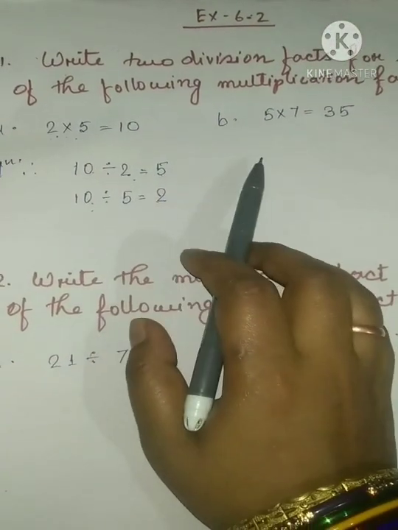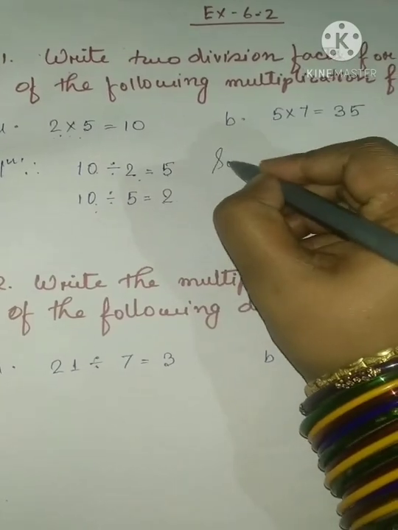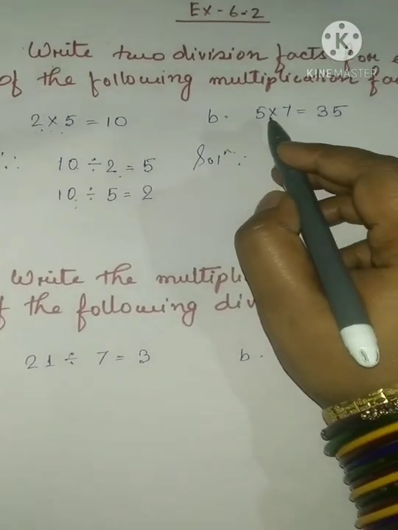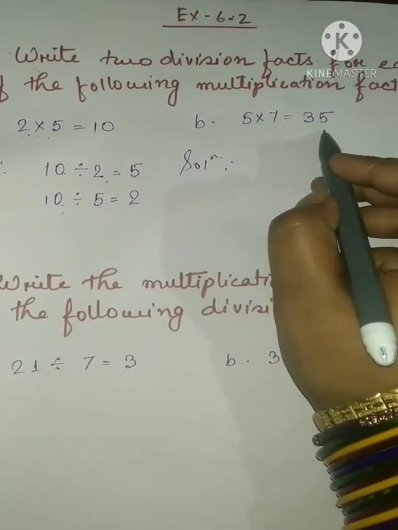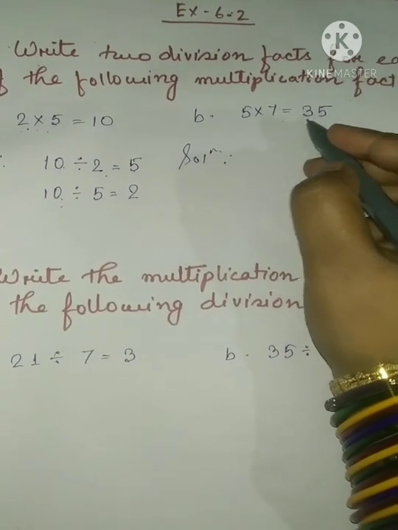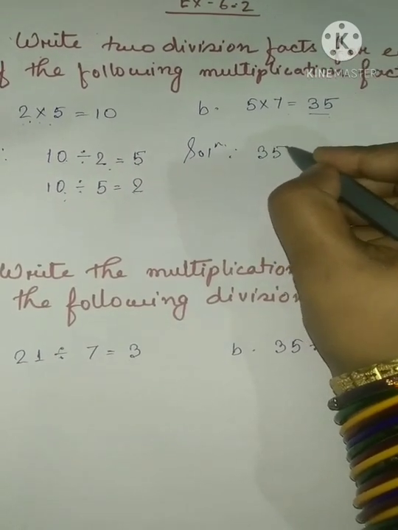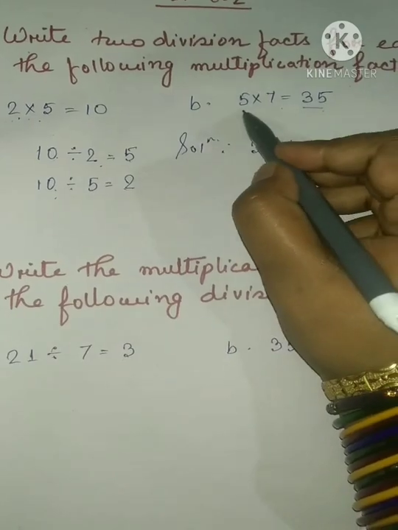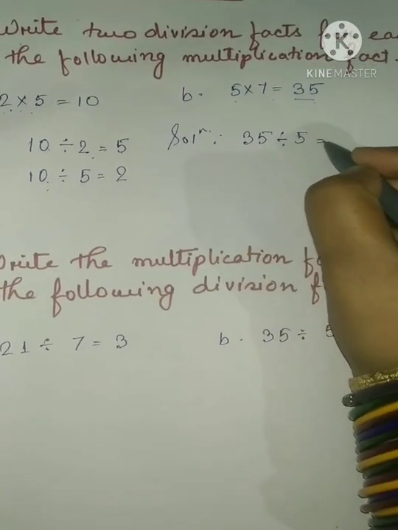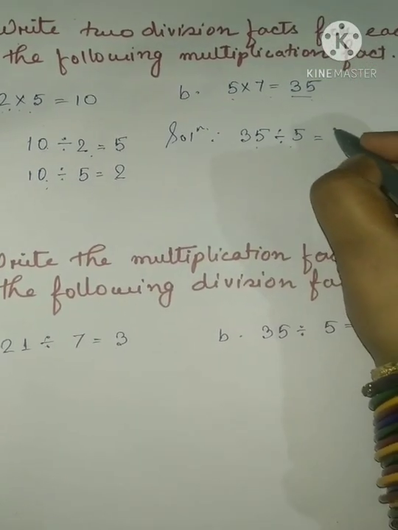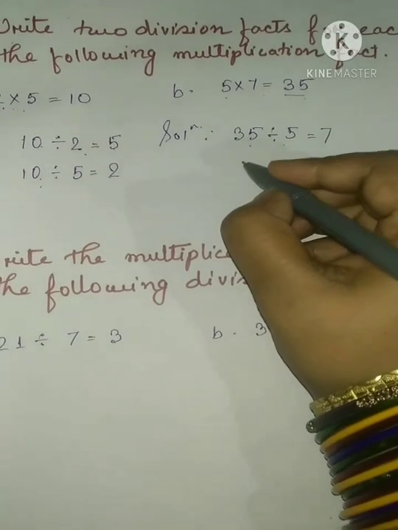So in the same way we are going to solve question number B. The question is given: 5 into 7 is equal to 35. So at first which number will we take? We will take 35. So 35 divided by 5. What will be the answer, students? 7.